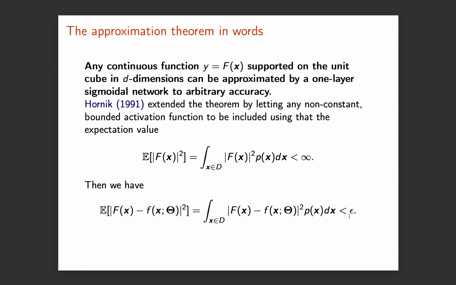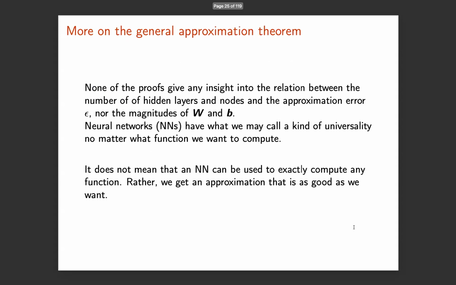It doesn't tell you that epsilon is 10 to the minus 10, but below a certain error. As I say here, none of the proofs give insight into the relation between the number of hidden layers and nodes and the approximation error, nor the magnitudes of the weights and the biases.